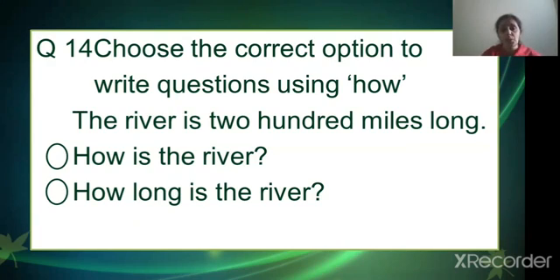What according to you will be the correct answer? Yes. So the answer to this is, how long is the river? Right? The correct question would be, how long is the river?